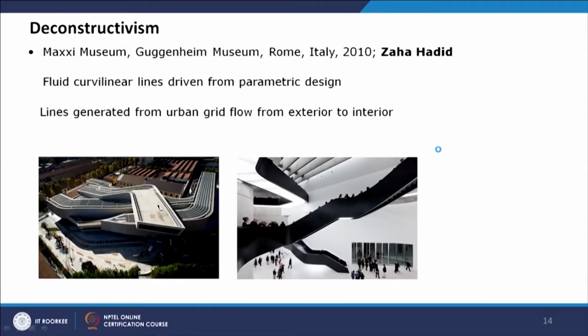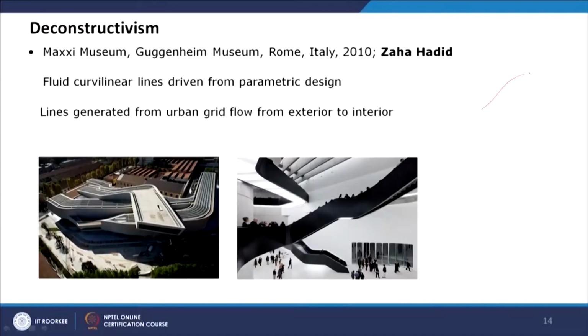Now, this is another example by a great deconstructive architect, Zaha Hadid, but Zaha Hadid's design has more curvilinearity than the rectilinear form of Gehry and Rem Koolhaas. Zaha Hadid's forms are mostly curvilinear, and she was a mathematician before joining the AA in the UK, so most of the designs she creates are driven from mathematical formulas.